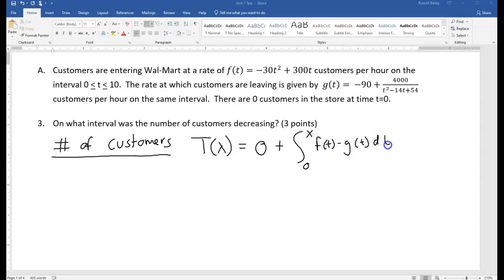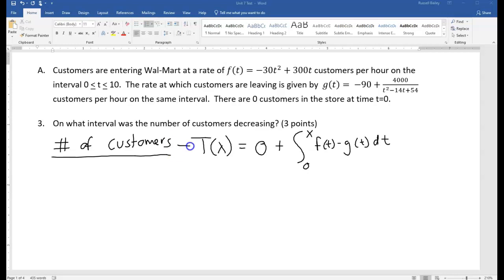In number 1 we found the number of customers at any given time. This doesn't tell us how many people went into the store or how many people went out of the store, it just tells us the total number of people at any given time x. Now we want to know at what time the number of customers was decreasing.